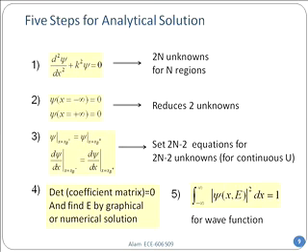That will reduce the number by 2. And then we will use the continuity of the function and the derivative of the function to get 2n minus 2 equations. And then we'll take the determinant. And finally, we'll calculate the wave function. So let's see how it works. I mean, it looks like a very complicated thing, but you will realize in a second how it works.